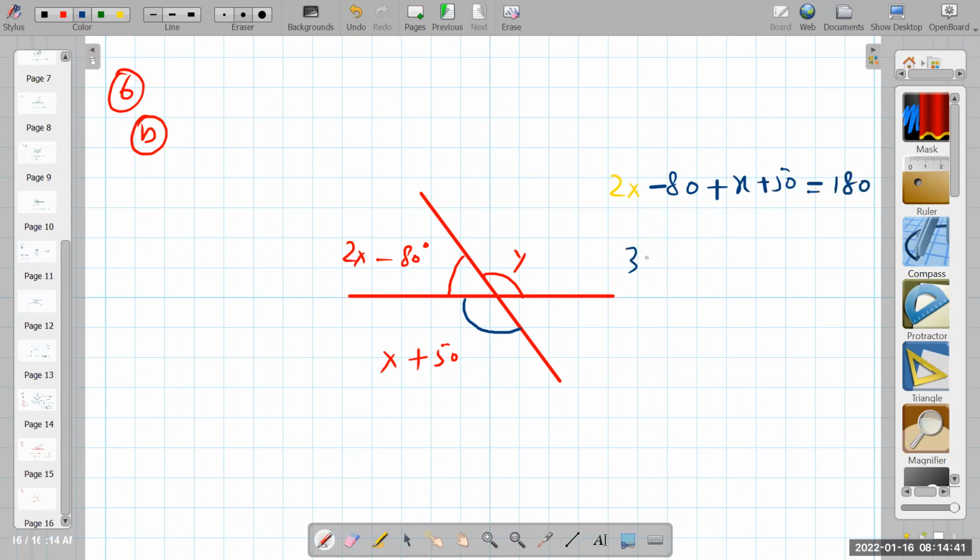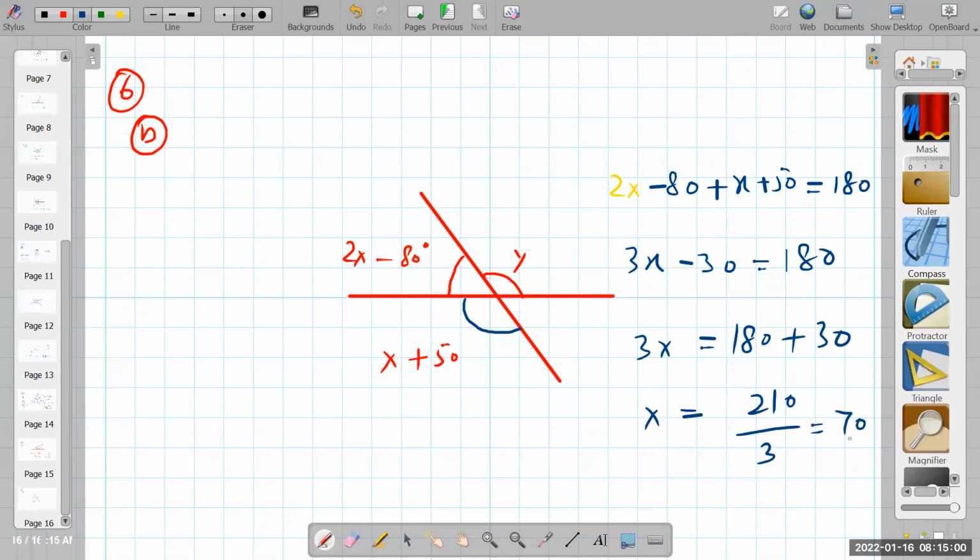2x plus x equals 3x. Minus 80 plus 50 equals minus 30. This 30 goes to the other side and becomes plus 30. X is equal to 210 divided by 3. So x is equal to 70. If x is 70, x plus 50 will be equal to 120.